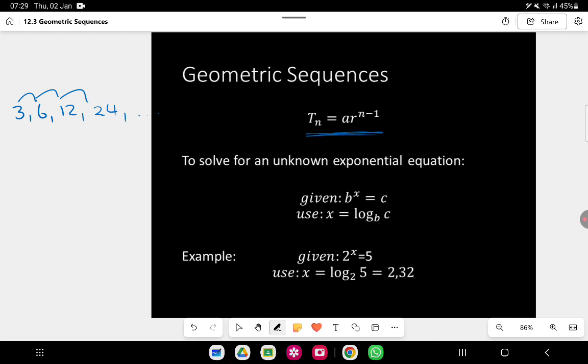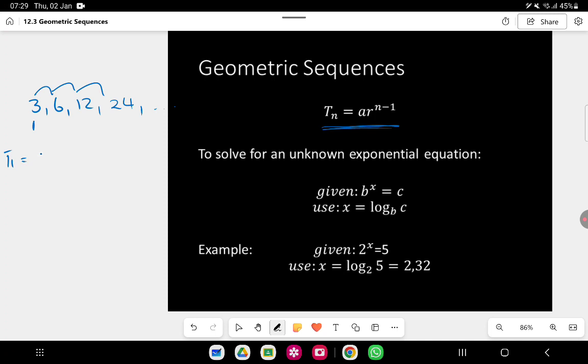According to this equation, we know that A is going to be the first term, which means that term 1 is going to be 3, which is A, times r to the n minus 1. So if it's term 1, 1 minus 1 is 0. No matter what r is, r to the power of 0 is 1. In other words, term 1 is just 3.